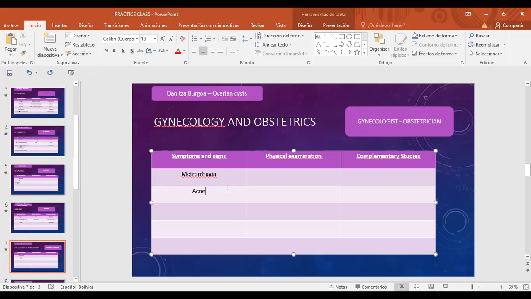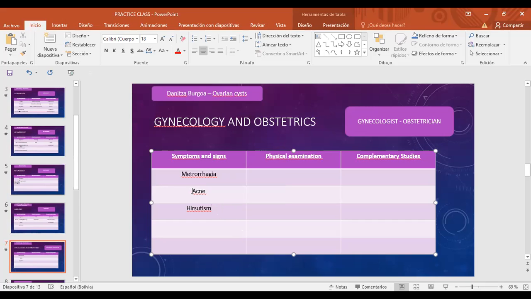This disease also causes, in Spanish, hirsutismo. Great. It's written this way, hirsutism. Okay.